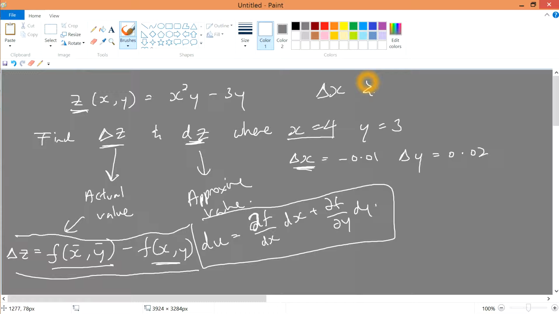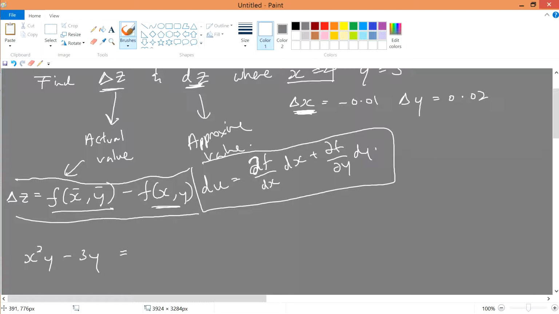delta x and dx are sometimes very closely related because both describe changes. This one is talking about changes, this one is talking about very small changes. Anyway, I will take this as very small changes in this case.